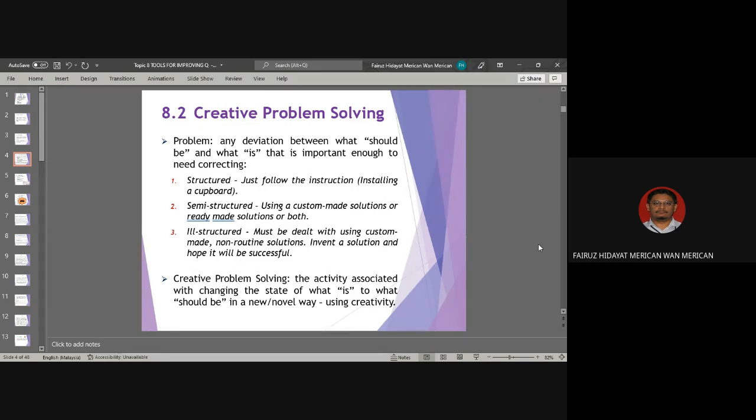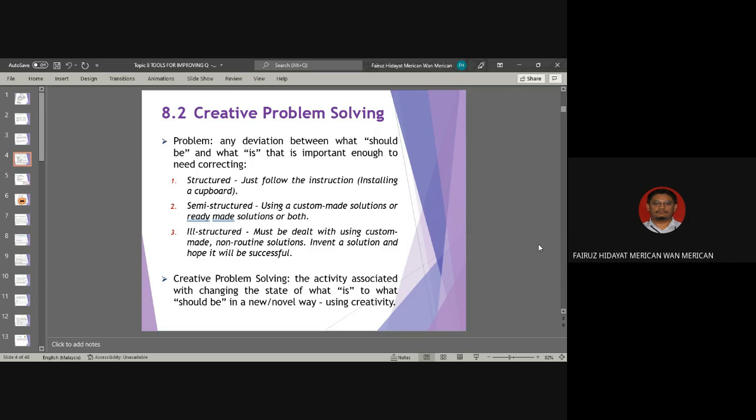In the context of companies or organizations, a deviation between what should be and what is means the gap or difference between what should be, meaning the objective, the target or the goal of that company, and what is, meaning their actual situation or the actual result. To illustrate, take the manufacturing of a product.